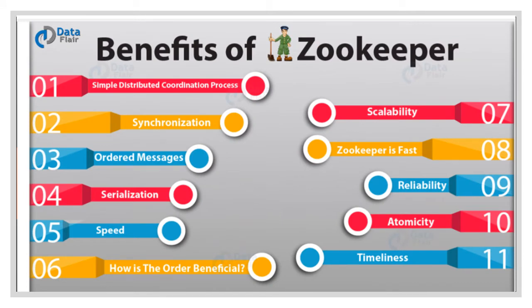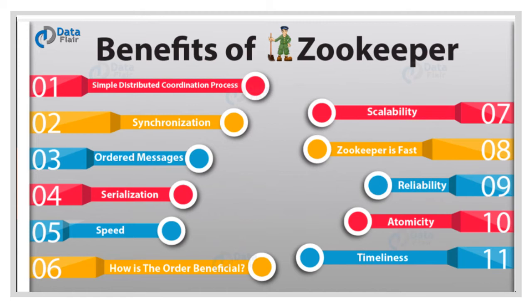The benefits of the Zookeeper, we find that we have a handful of them, which include synchronization, ordered messages, serialization, speed, order, scalability, the fastness of the Zookeeper, the reliability, the atomicity, and timeliness.